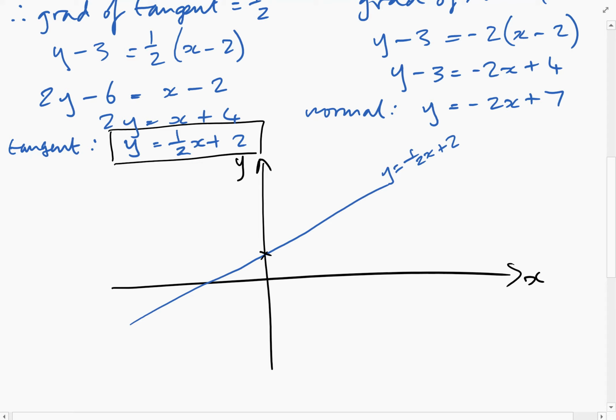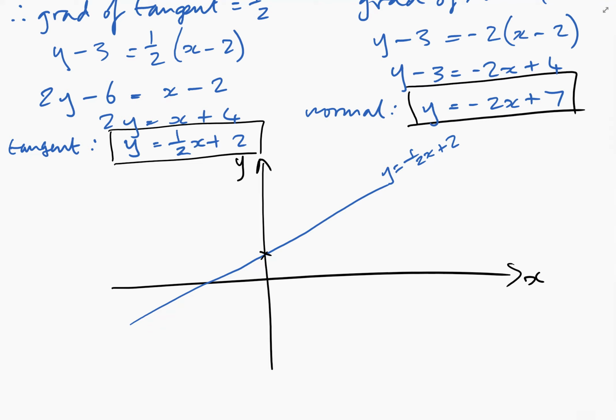Let's sketch the normal then. So the normal is given by this equation. So we know it's going to go through plus 7 up here, and it's going to have a negative gradient, something like that.